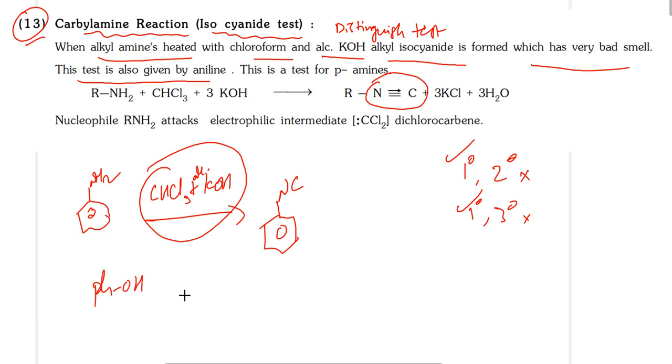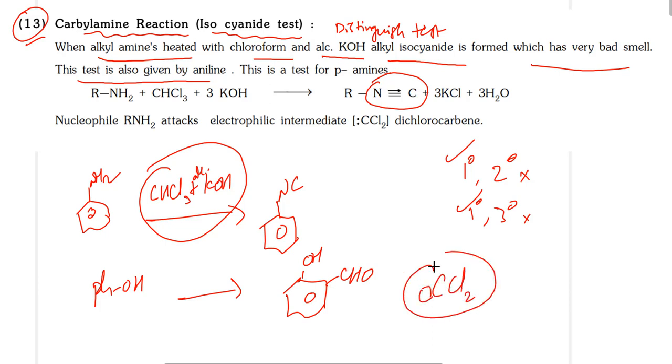If you use the phenol, we will get what is that? Salicylaldehyde we will get. Salicylaldehyde. So here the electrophile is CCl2, that is very important. Neutral electrophile. Okay. So the chemical reactions are completed.